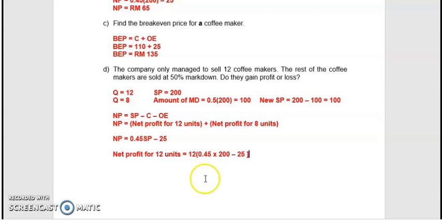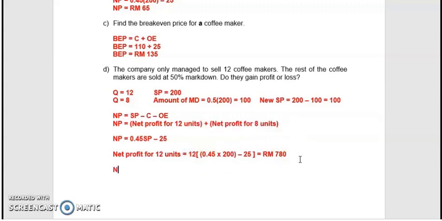So be careful here. You can do it like this. I put it in brackets, which means you calculate this part first, then minus 25. Then after you get the answer in brackets, you multiply by 12. So this one we will get RM 780. This is for 12 units.